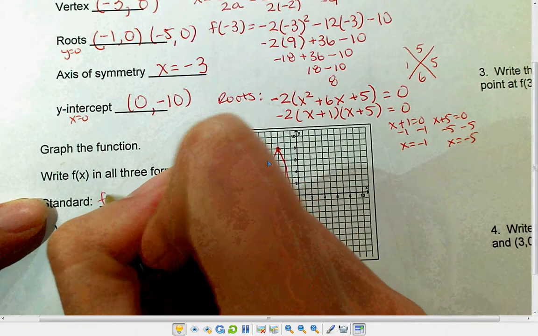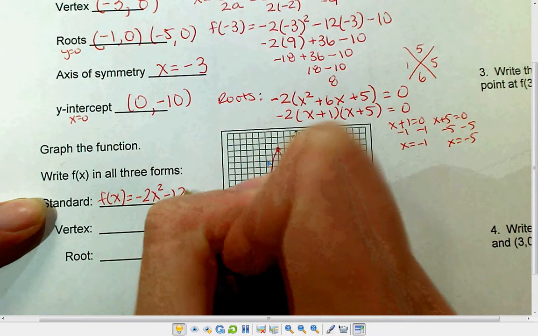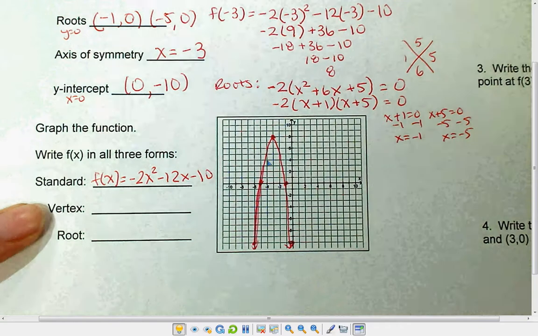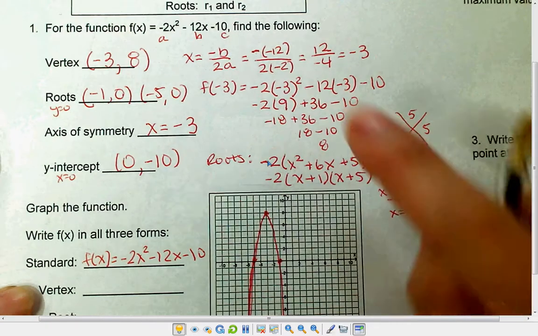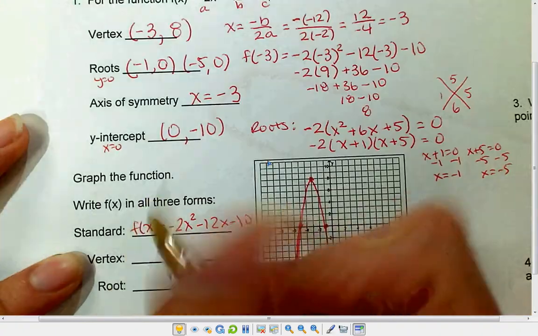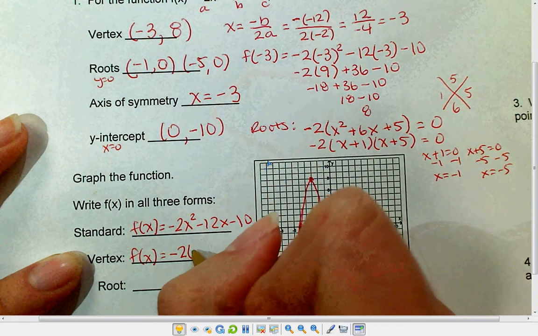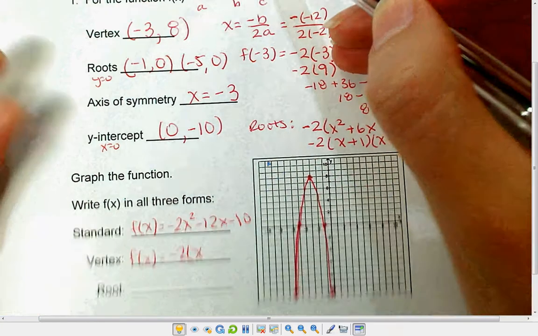Our standard form is the same thing we started off with, so negative 2x squared minus 12x minus 10. For our vertex form, we have f of x equals a, which is the same value as before, so negative 2. And now we have x minus h.